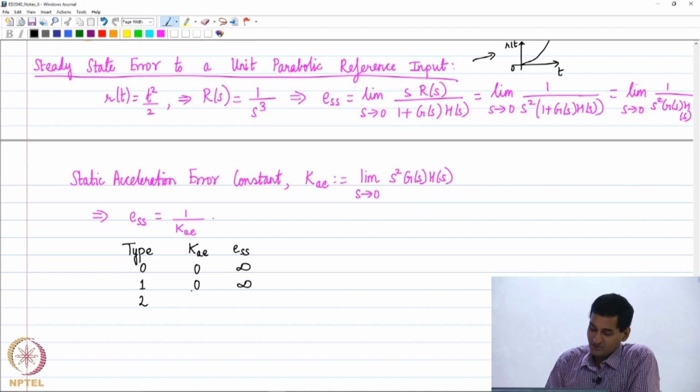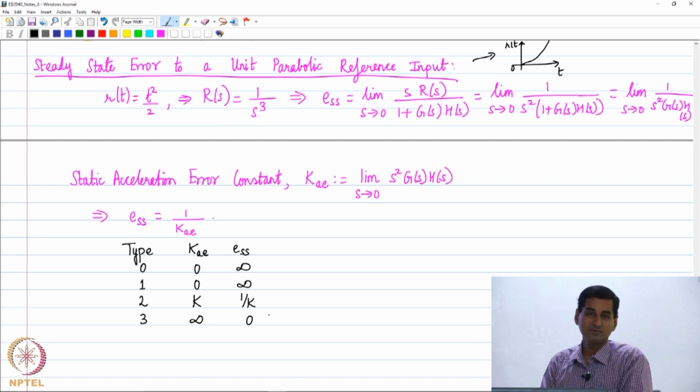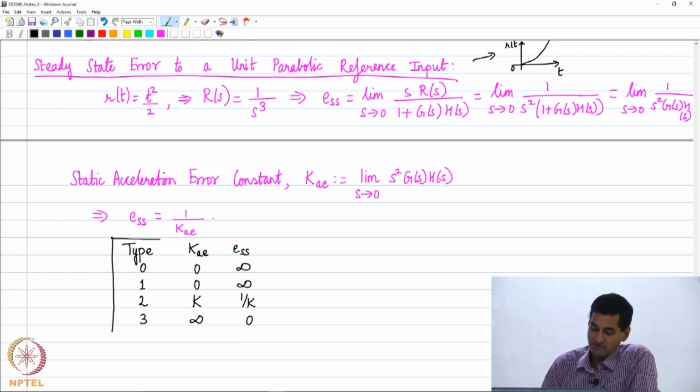So KAE will be capital K for type 2, and the steady state error will be 1 by K. For type 3 or more, the steady state error will be 0. You can really check it. So this is what will happen if you want to track a unit parabolic input.